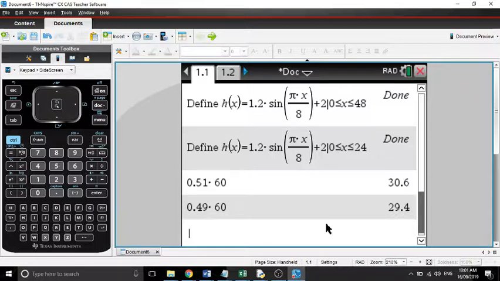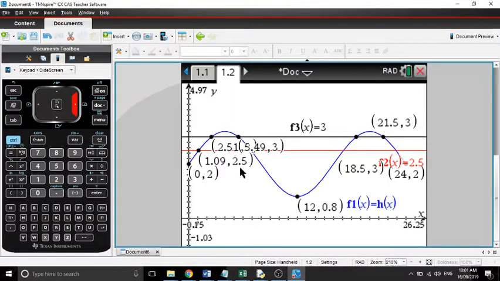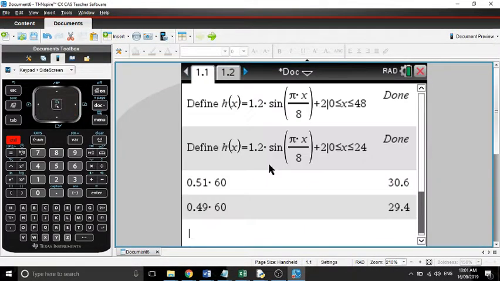So we've got this here at 0.49, which translates to 29.4 minutes. That we could say is 29 minutes. And now because it happens at 5, this happens at 5:29.